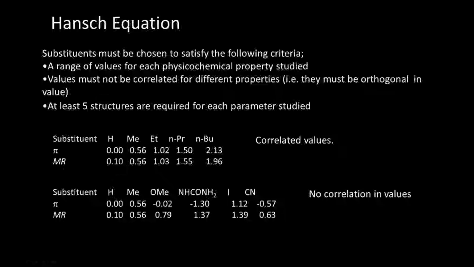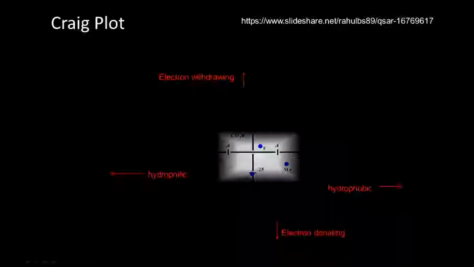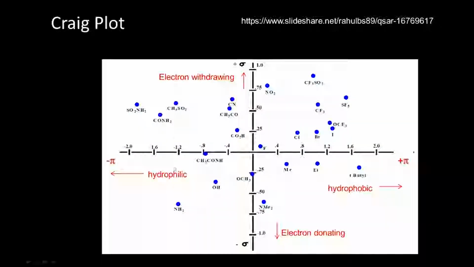There is something called a Craig plot, which I showed you in the previous class. This is taken from this particular reference. So you have the electron withdrawing here, electron donating here, we have hydrophobic here, then we have the hydrophilic. Various substituents like chloro, bromo, or NO2 all lead to an increase in electron withdrawing and an increase in hydrophobicity.